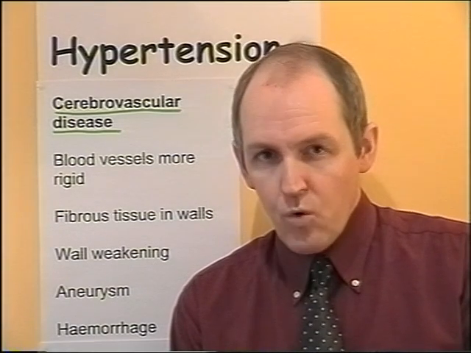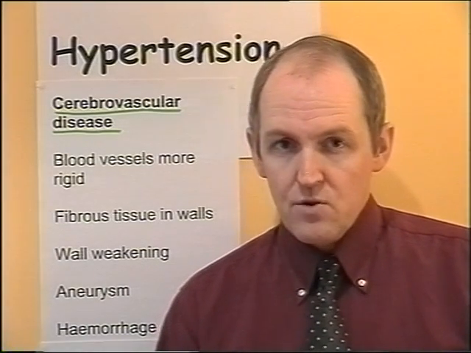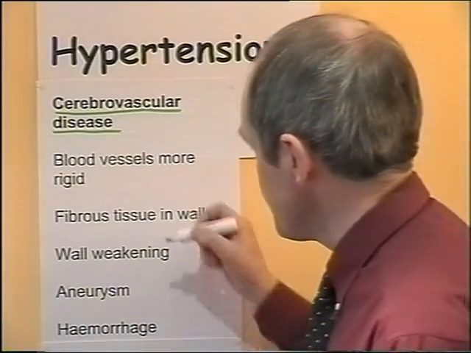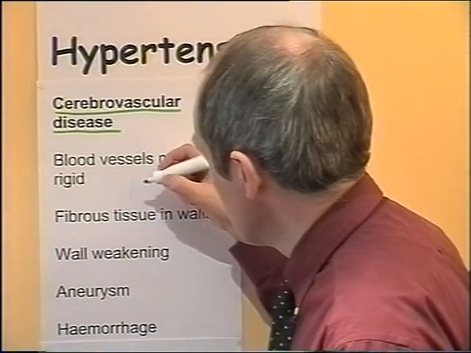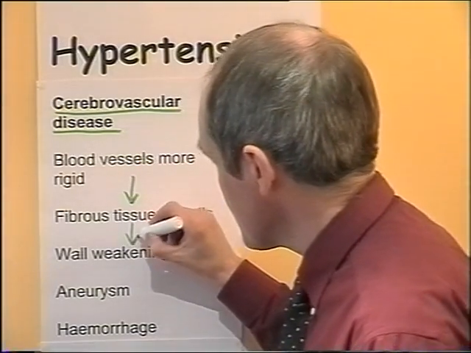There'll be hypertrophy of the walls of the arterial vessels. There'll be the deposition of collagen and fibrin in the vessel walls. So vessel walls more rigid as a result of the fibrous tissue in the vessel walls.